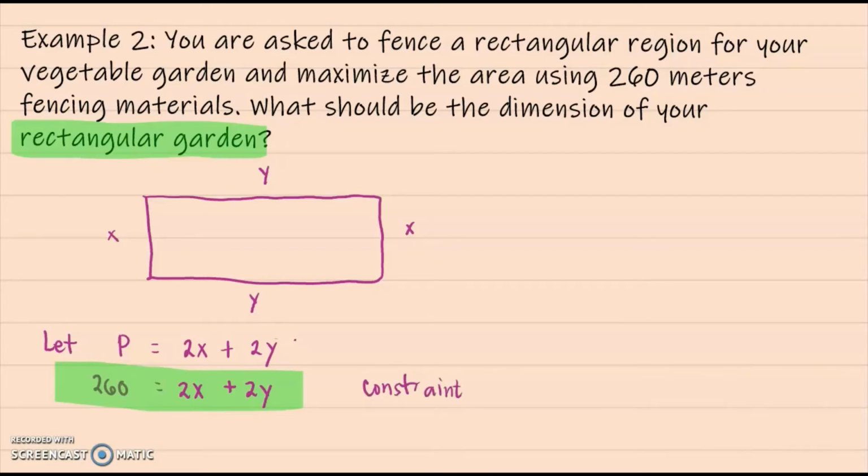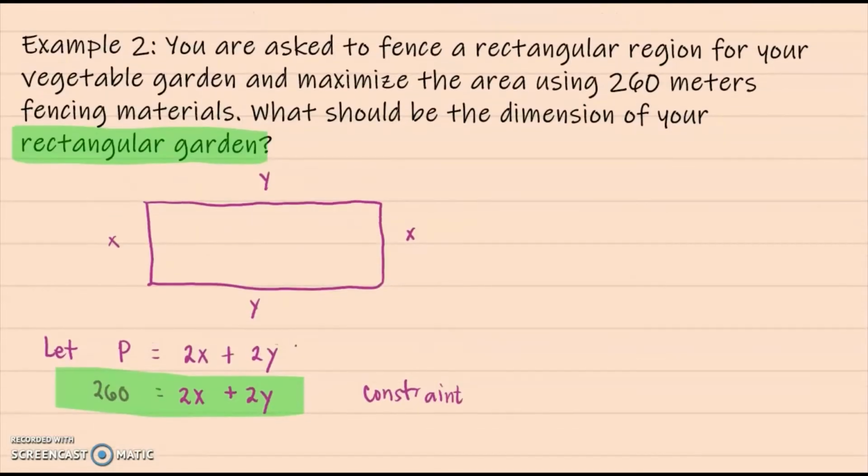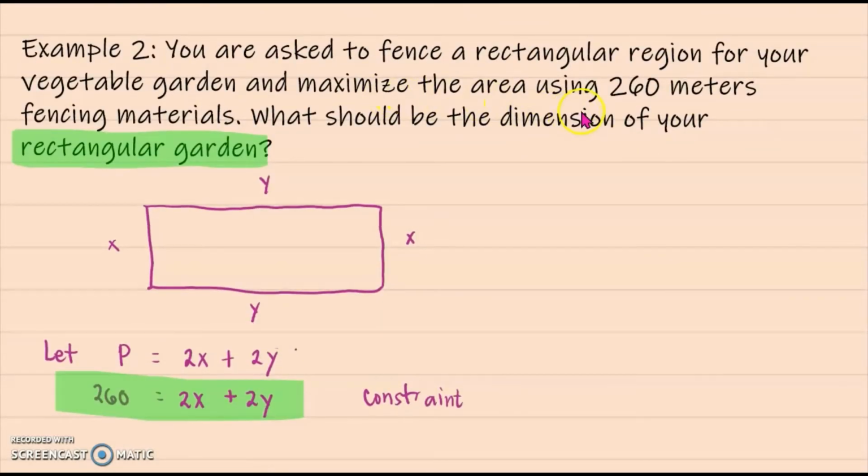Now let's have our optimization equation. In the problem, we are asked to maximize the area.